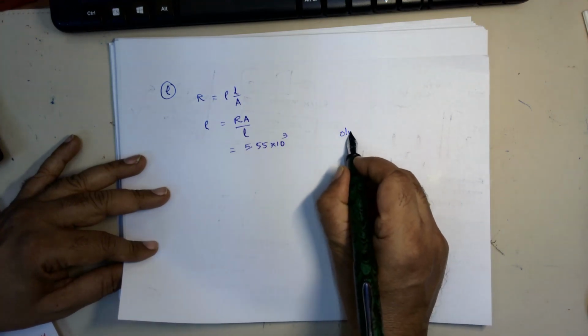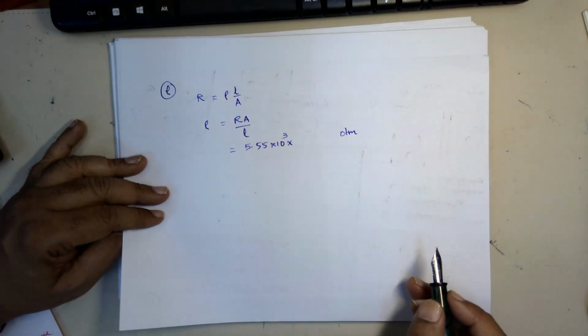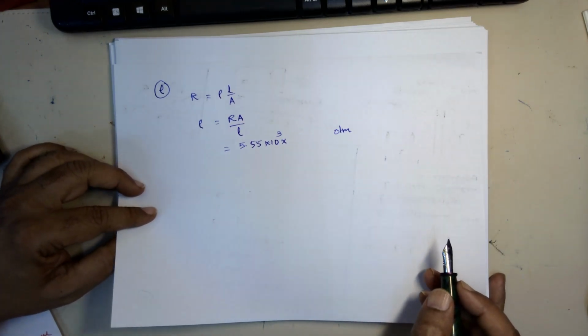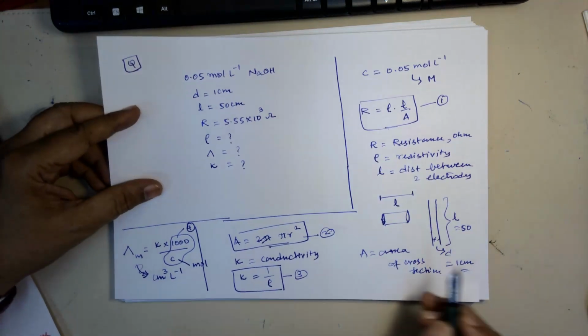You can mention ohm here. And what about the area? The area is pi r squared.